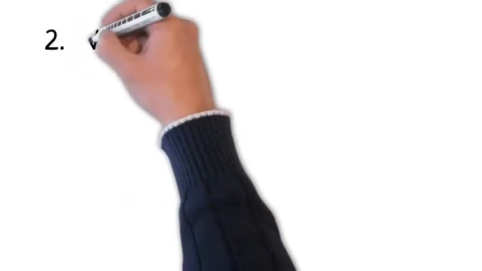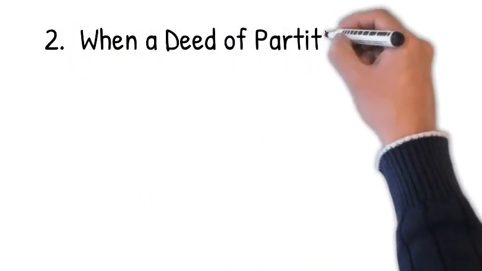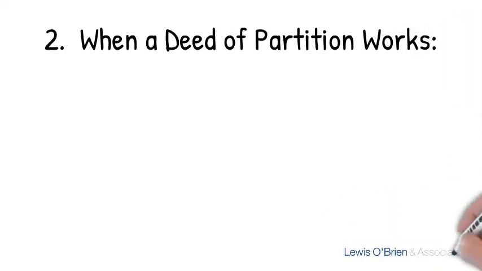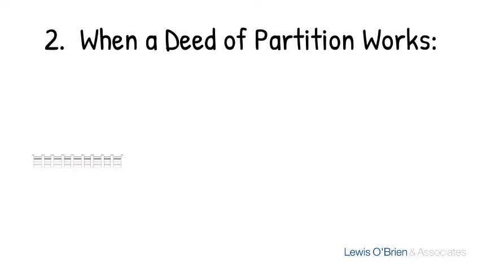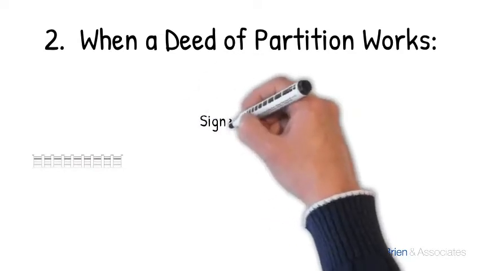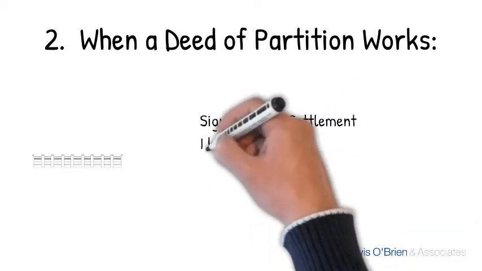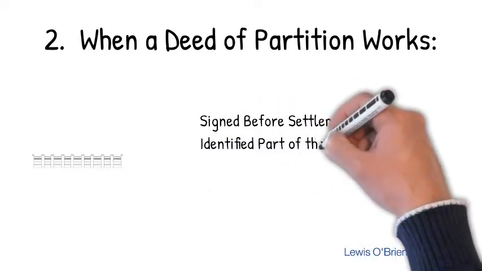So the purchasers on title are declaring that they hold the property as trustee for the identified beneficiary. There is a limited window of opportunity in which a deed of partition can work. It is critical that the deed is put in place before you settle the purchase of the property. This concept will not work once you've settled, because the declaration of trust would constitute a transfer of the land.